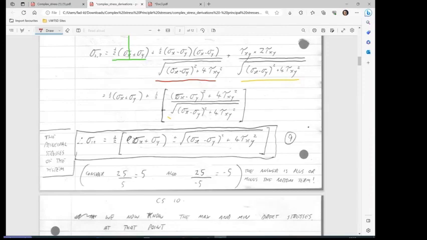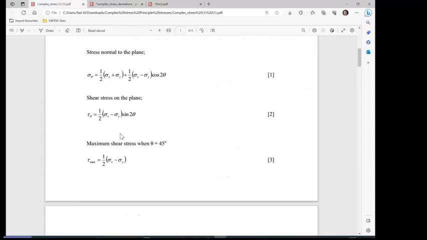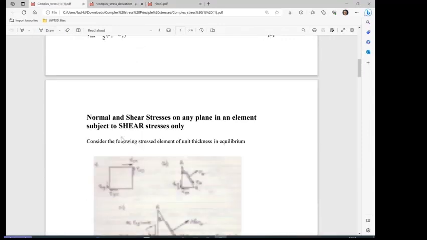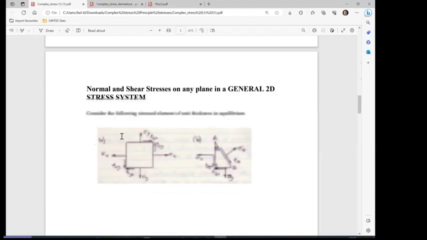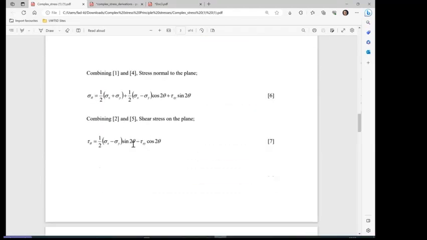What we might also need to find out, now that we've worked out our direct stresses on those principal planes, is what our shear stresses are on those principal planes. For our generalized 2D stress system, which is this one here, our shear stress is given by this. Let's start with that equation.